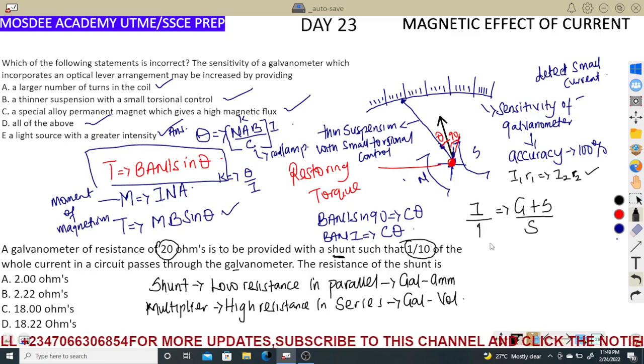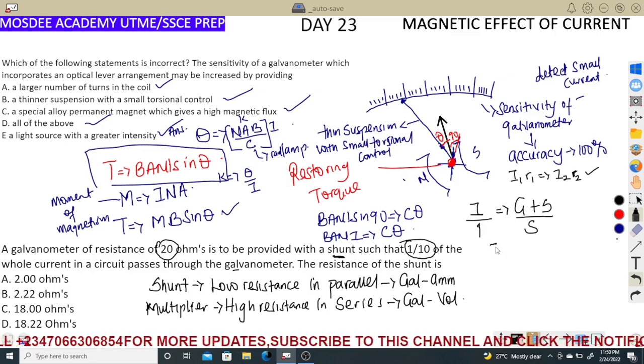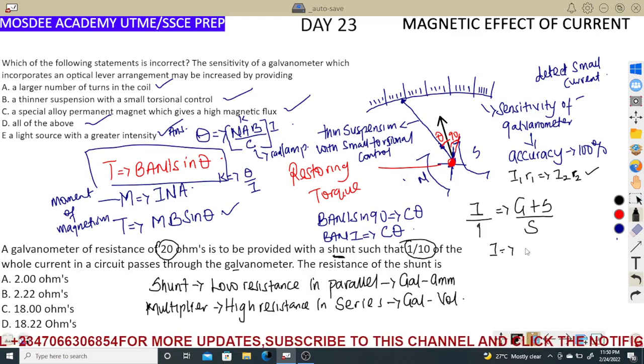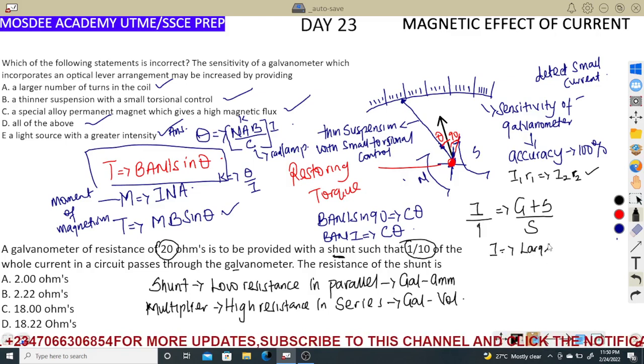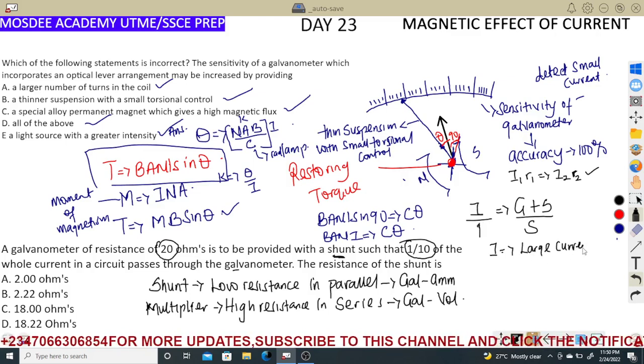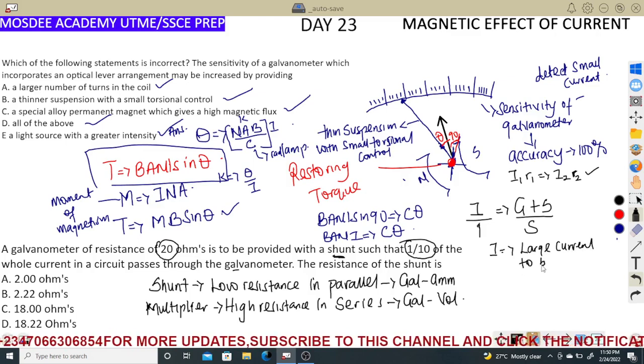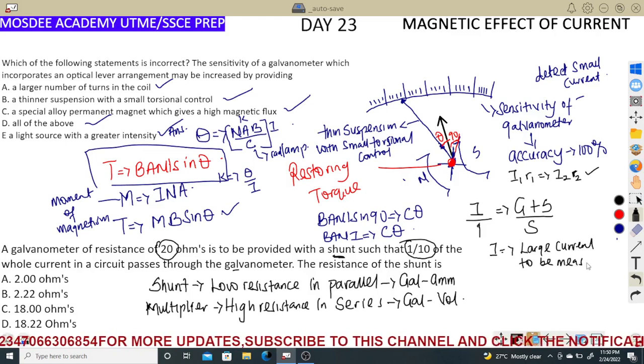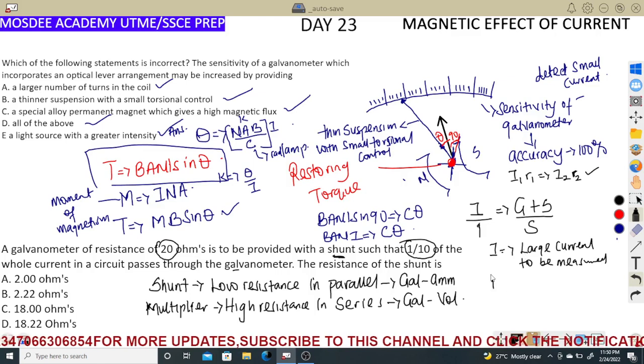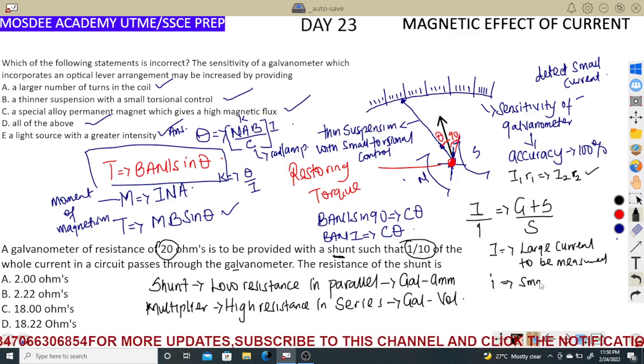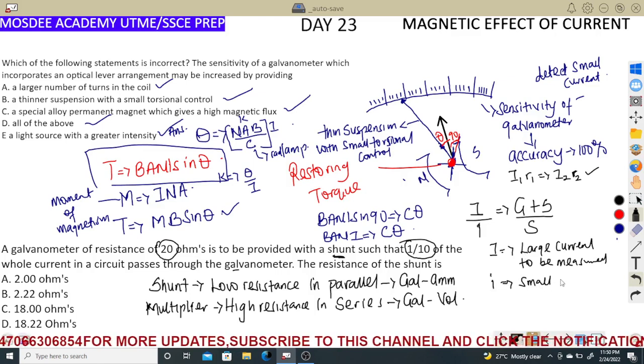Now, capital I is the large current to be measured. Small i is the small current that the galvanometer can measure.